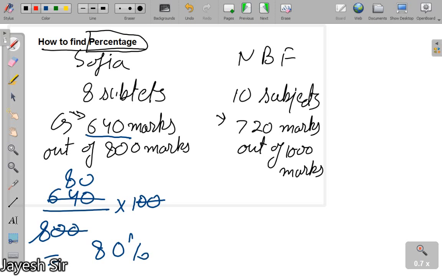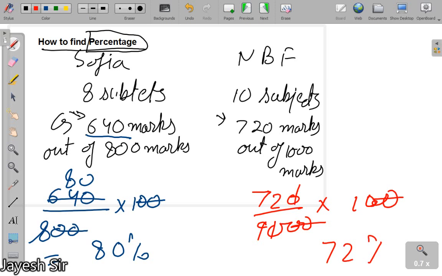In the same manner, for the other girl from NBF, 720 upon 1000 into 100 will be 72%.